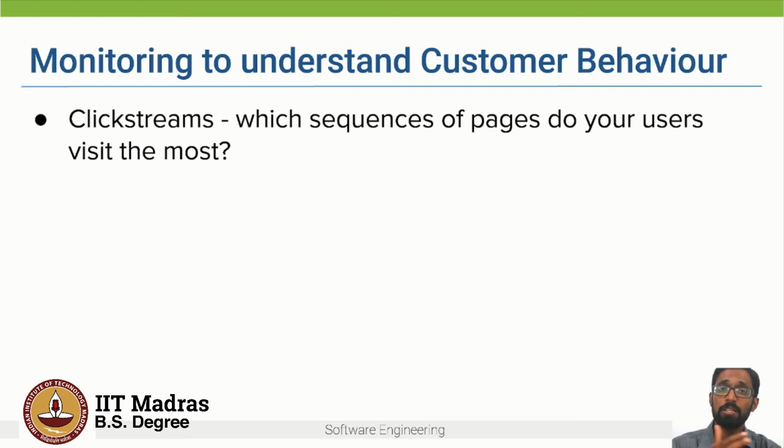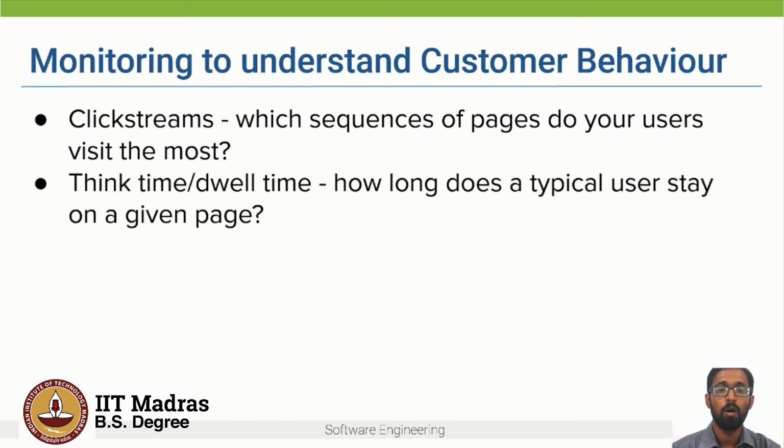Which of these paths are users taking the most? Or how much time do they spend on a given page? That is known as the think time or the dwell time on a particular web page, and that is also an important metric which you can monitor.